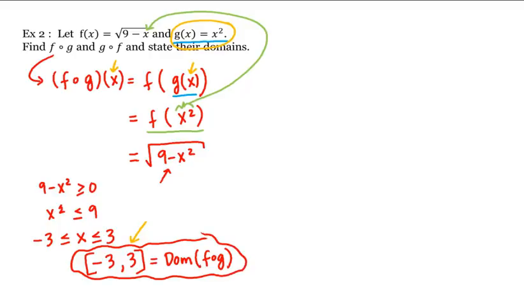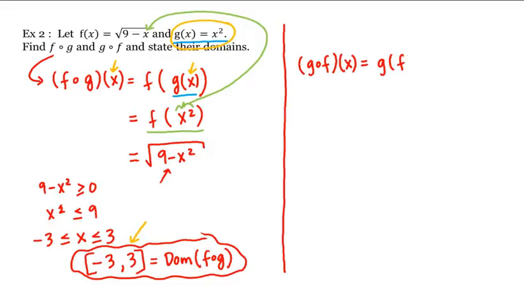All right, what about the other direction? What is g composed with f of x? This is equal to g of f of x. And f of x is this square root of 9 minus x.